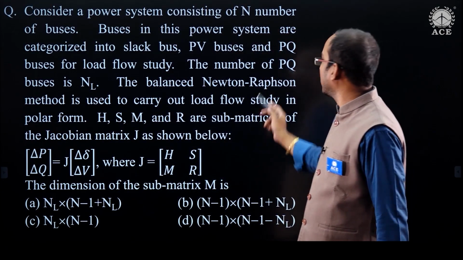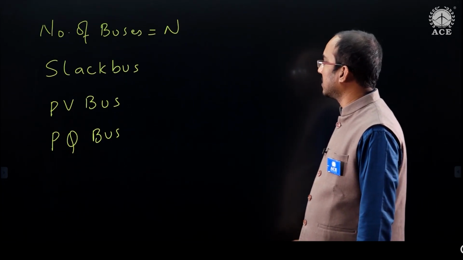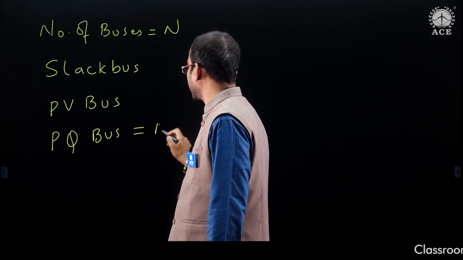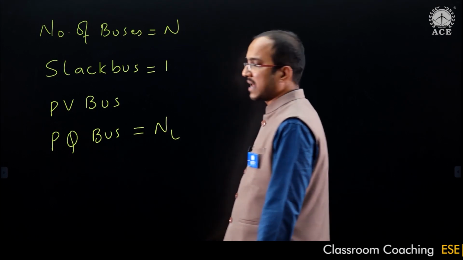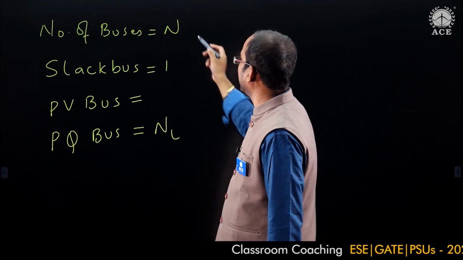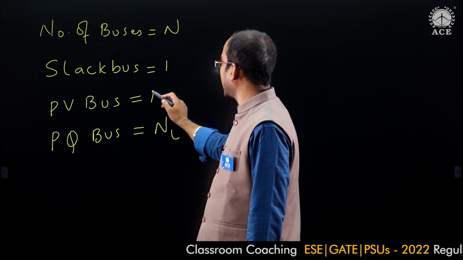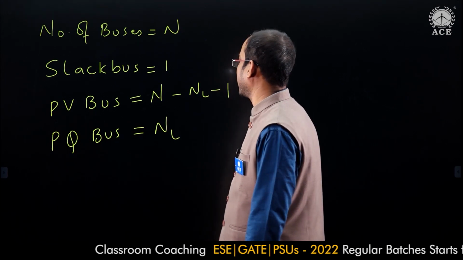The number of PQ buses is given as NL. One of the buses will be the slack bus. So the number of PV buses will be how much? Total number of buses are N, minus NL, minus 1.